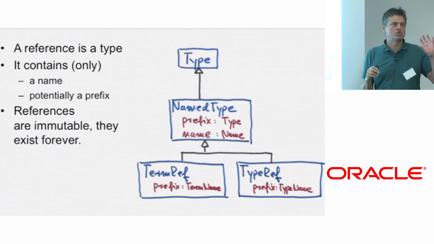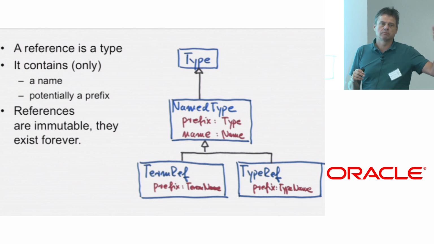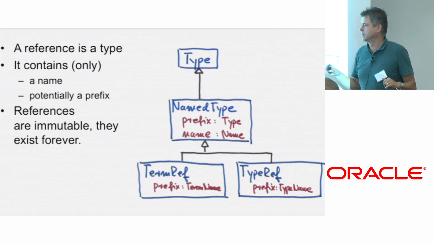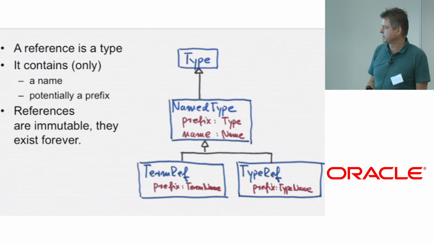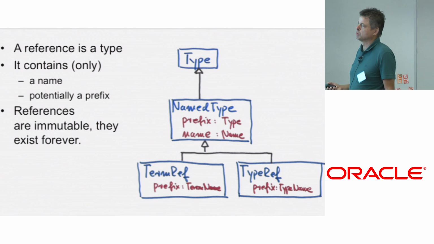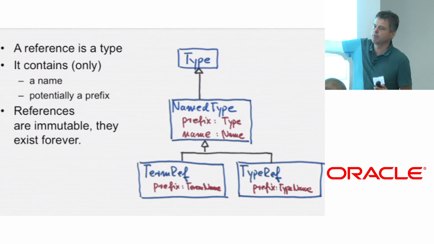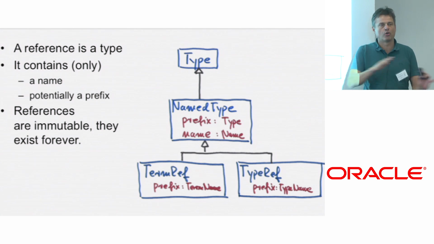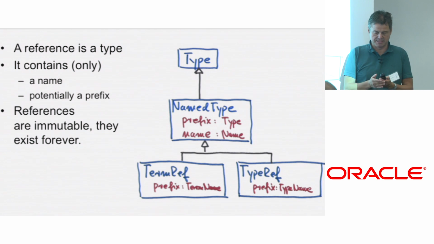So a reference is just the name, basically, and the thing on which you select. That's all there is. And then here you have these subclasses for term refs and type refs. Okay. And furthermore, references are immutable. They exist forever. So I can say, well, the thing called f in class C, and that's a valid reference for all periods of time. It could have different meanings, but the reference is the same.